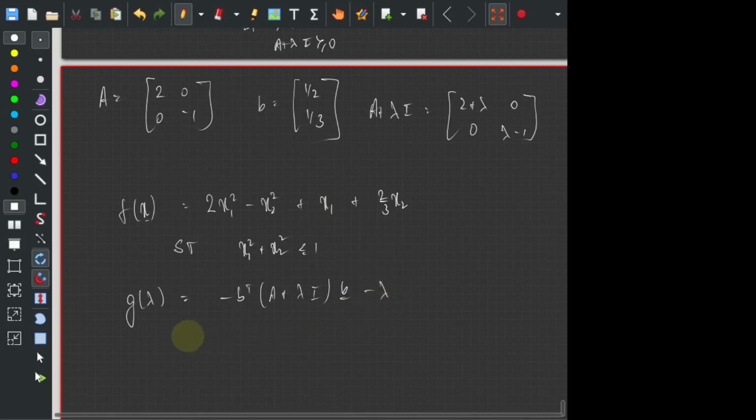Minus lambda. This is a plus lambda, its inverse.